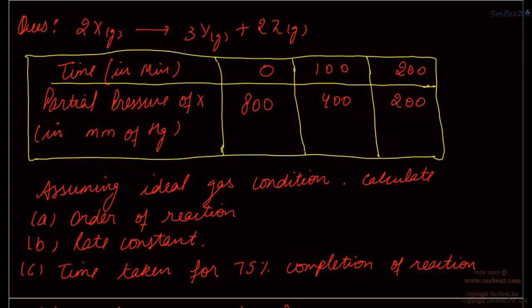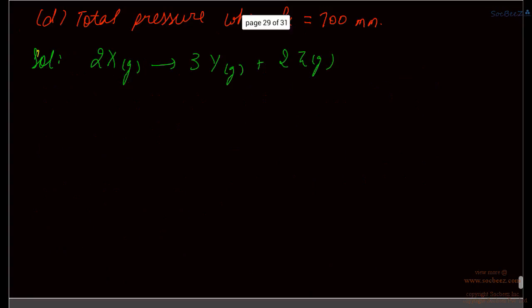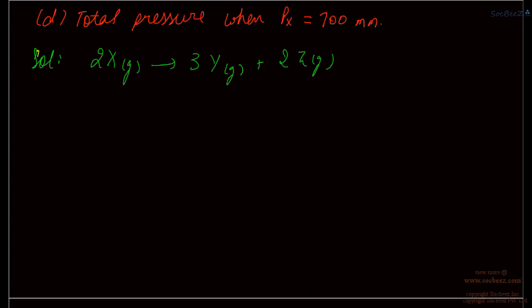So T half of x is 100 minutes. Since the partial pressure of x is 800, it goes to 400 millimeter of Hg in 100 minutes. So partial pressure gets halved in 100 minutes. Further 100 minutes, partial pressure gets further halved. So therefore we can say that T half of this reaction is 100 minutes.